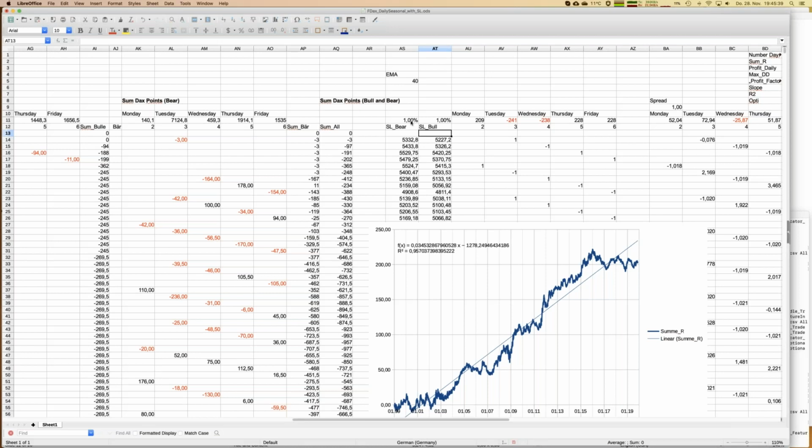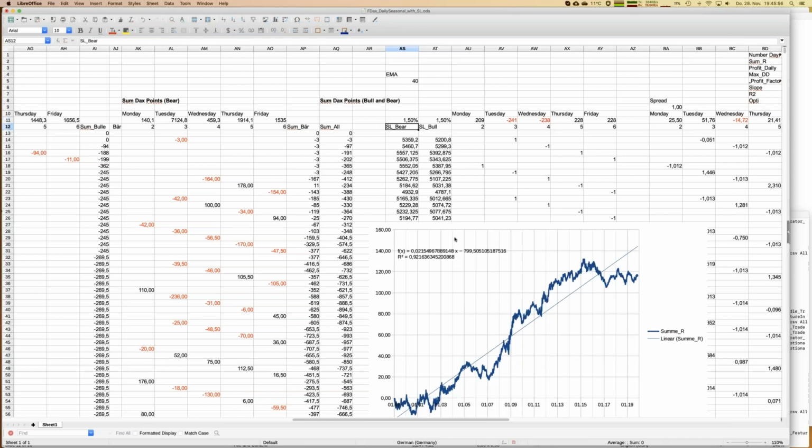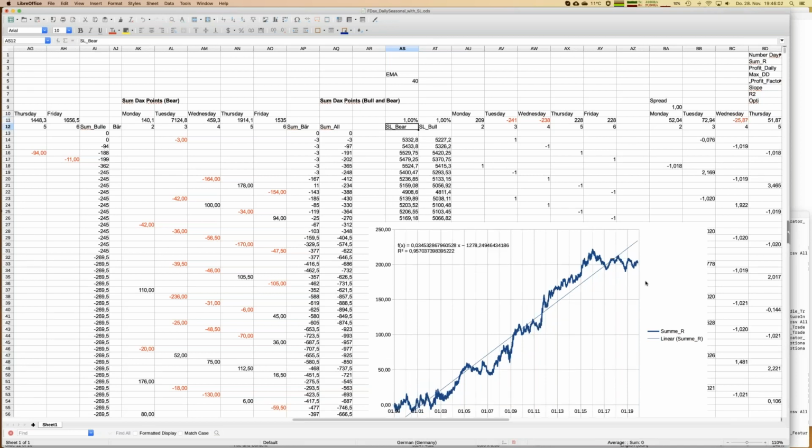So we have a stop loss which is 1% of the open price. We have an EMA of 40, and you might even change those values and think, okay, what happens if I put the stop loss higher, 1.5%? You see the change in the equity is not that huge, but significant. This one is better.